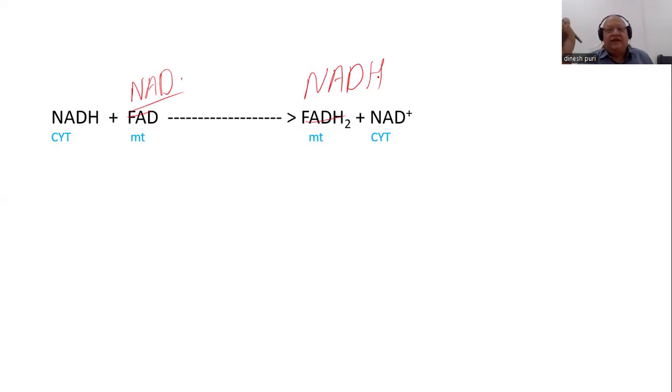In the TCA cycle, all the NAD-associated enzymes, isocitrate dehydrogenase, malate dehydrogenase, and alpha ketoglutarate dehydrogenase, were all present in the mitochondrial matrix. The only enzyme associated with FAD, succinate dehydrogenase, was embedded in the inner mitochondrial membrane. What is the reason? Find out yourself. Thank you so much.